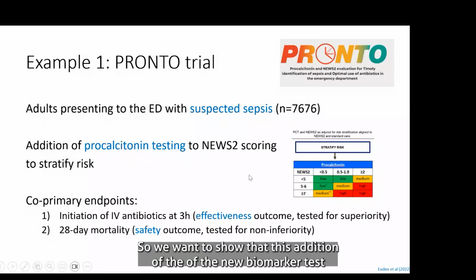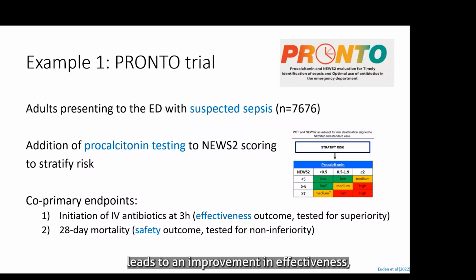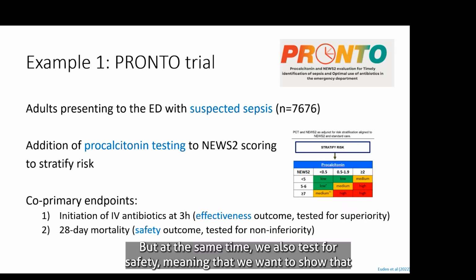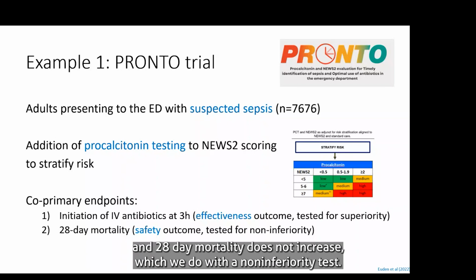So we want to show that this addition of the new biomarker test leads to an improvement in effectiveness, meaning that there is less use of antibiotics. But at the same time, we also test for safety, meaning that we want to show that 28-day mortality does not increase, which we do with a non-inferiority test.